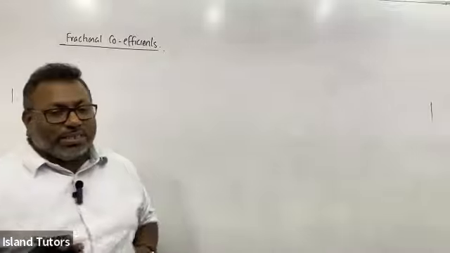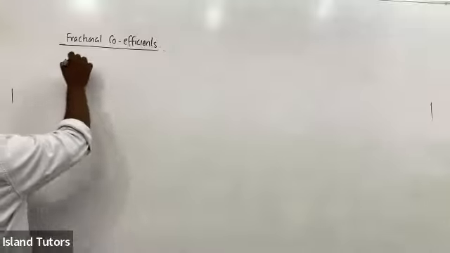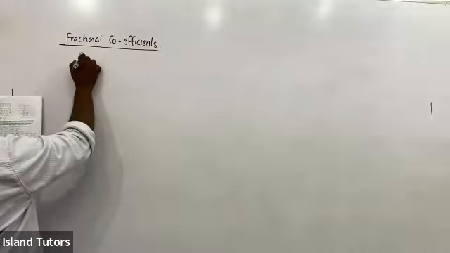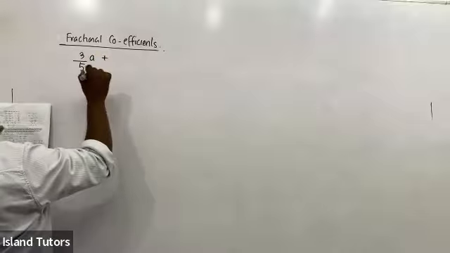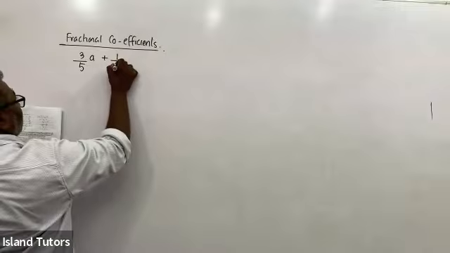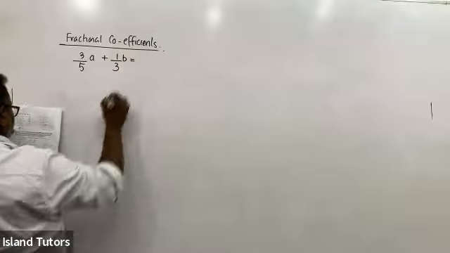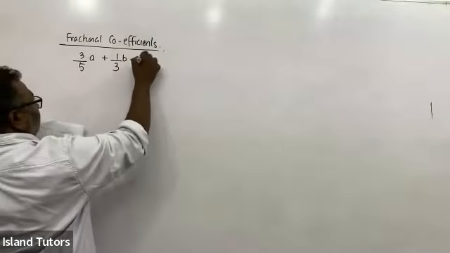Right? So first question, they are saying they are having 3 over 5 A plus 1 over 3 B is equal to 3.